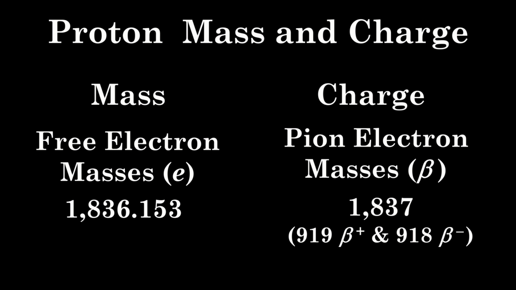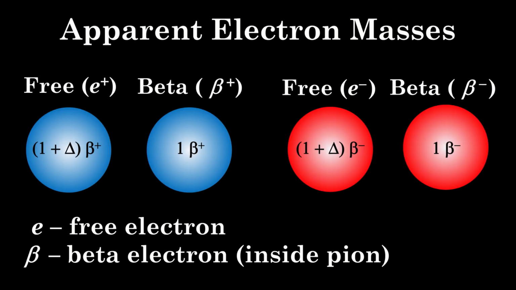Notice that where it takes only 1,836 free electron masses to make the proton mass, it takes 918 electrons and 919 positrons, a total of 1,837 of the particles inside the proton, to make the proton charge. This suggests that the electrons and the positrons found inside the proton, call them beta electrons and beta positrons, are slightly less massive than the electrons outside the proton, the free electrons.